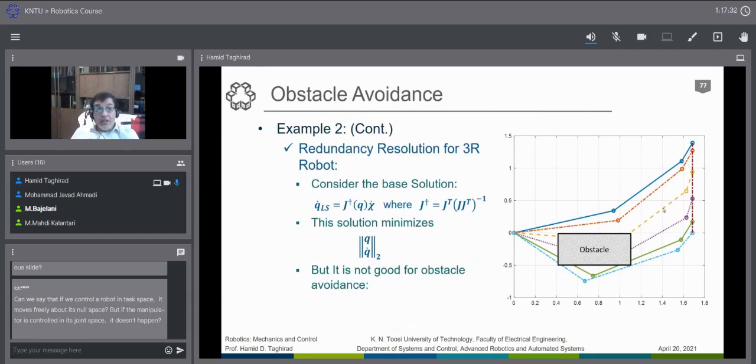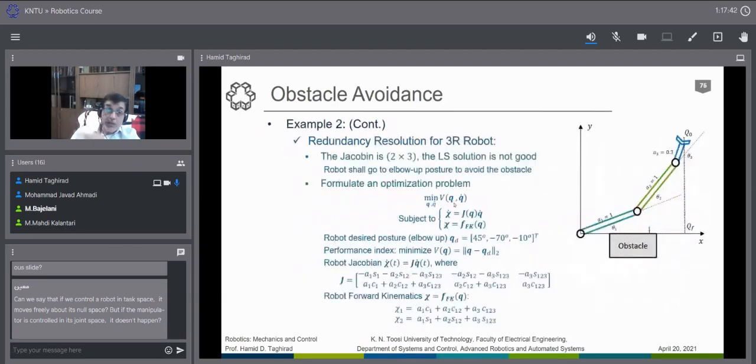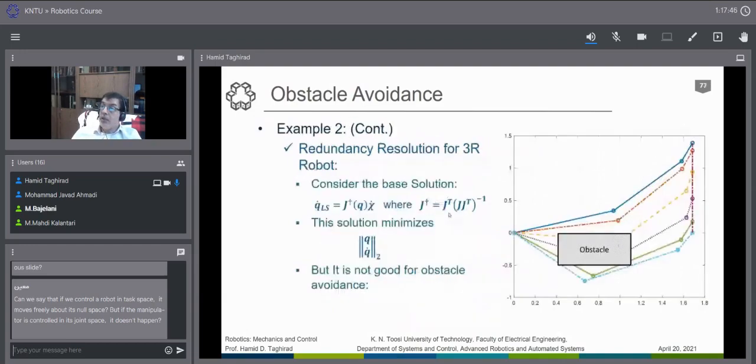And we know that the basic solution doesn't have the obstacle avoidance constraint in it. If we need the constraint, if we need the obstacle avoidance, we need to use this optimization problem here. So here is to show this is a solution, a simple solution, but not good for this particular problem.